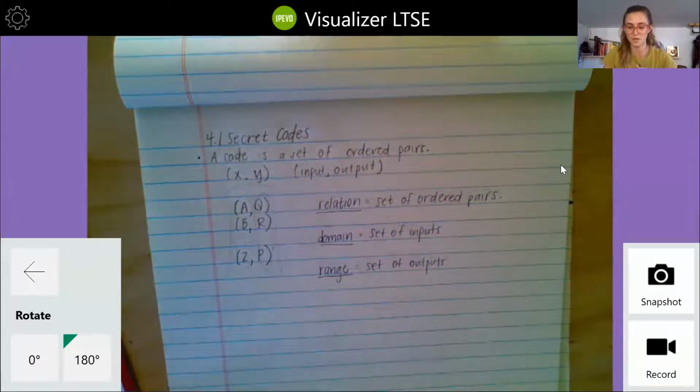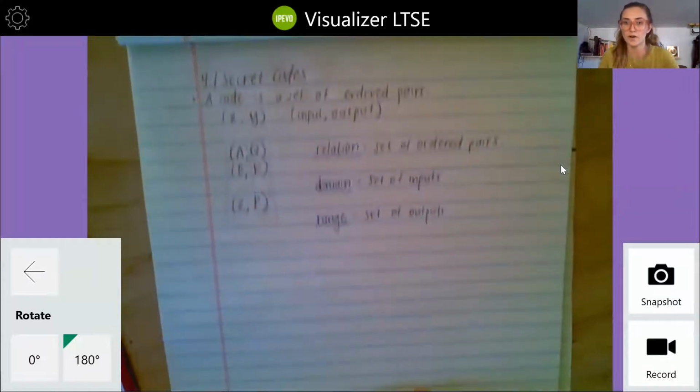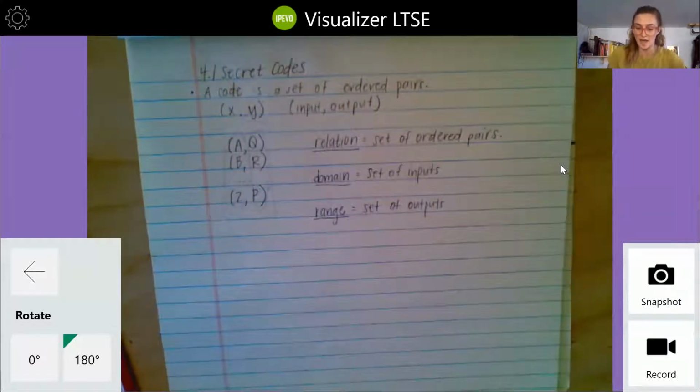Okay, so we saw in our investigation that a relation serves as a code with a special property. No input can be paired with more than one output.